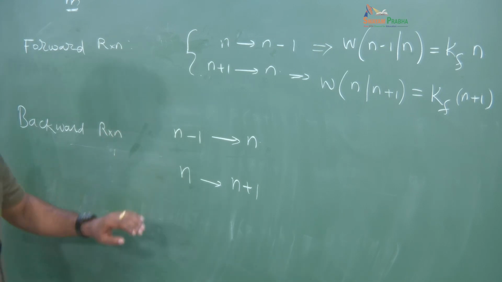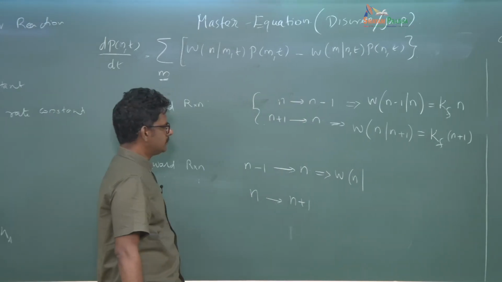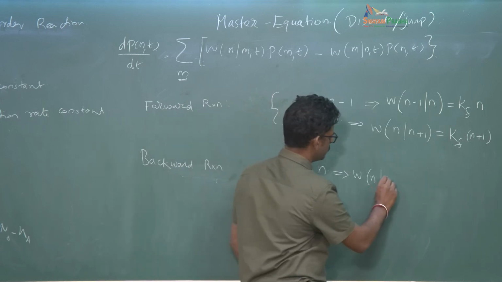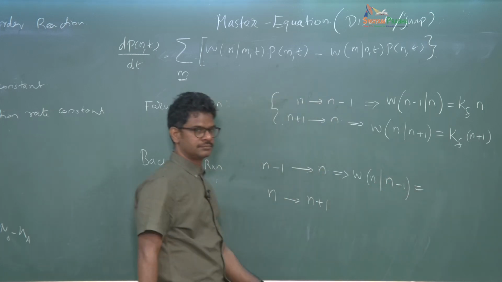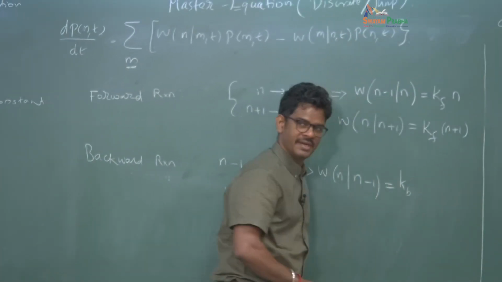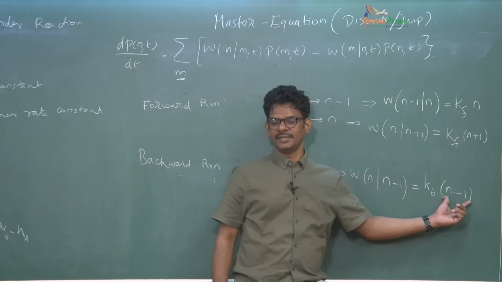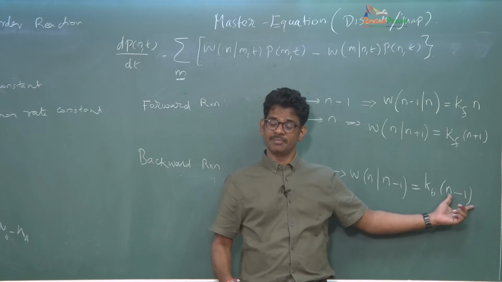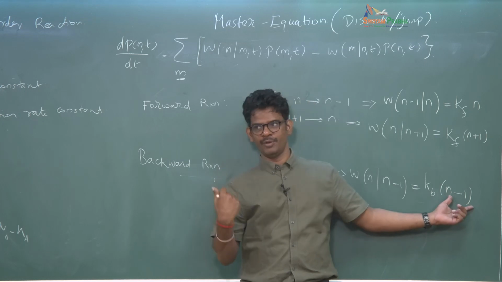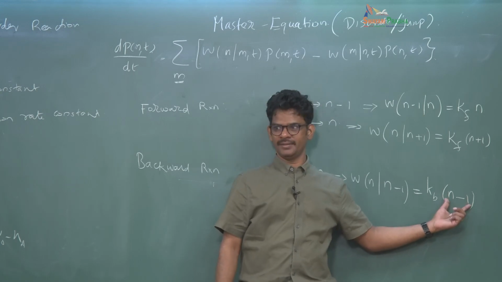Now here we are talking about backward reaction. W n minus 1, what would this be? Kb, rate constant is correct, and you are saying n minus 1. What is n minus 1? N minus 1 is the number of molecules of A. The backward reaction, does it depend on the number of A molecules or the number of B molecules? Number of B molecules. So if the number of molecules of A is n minus 1, what would be Nb?